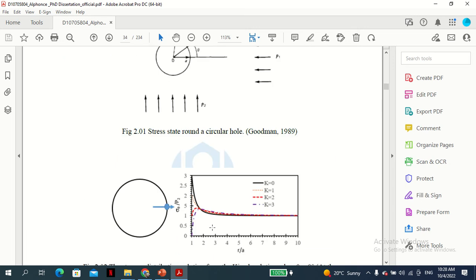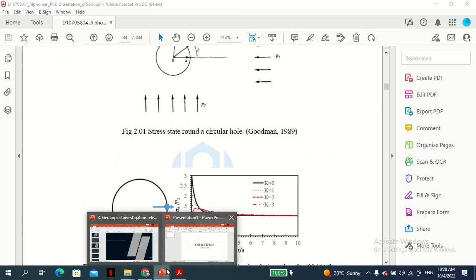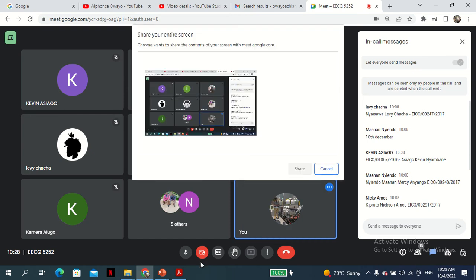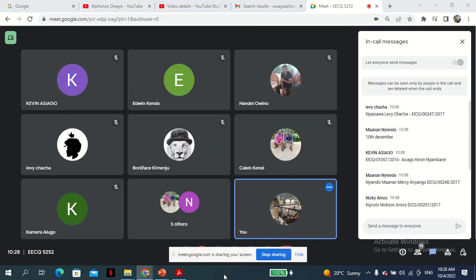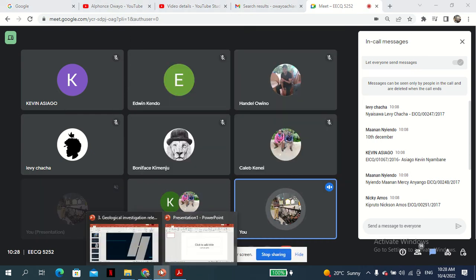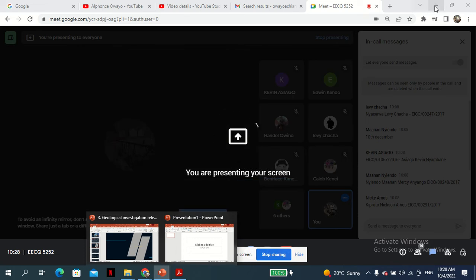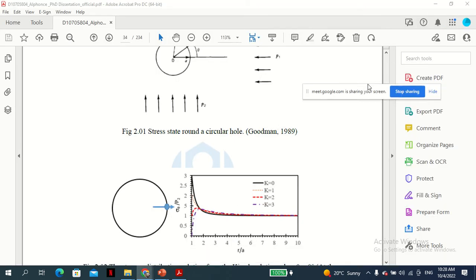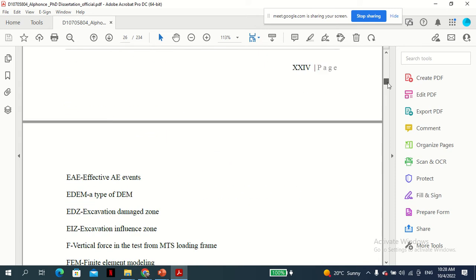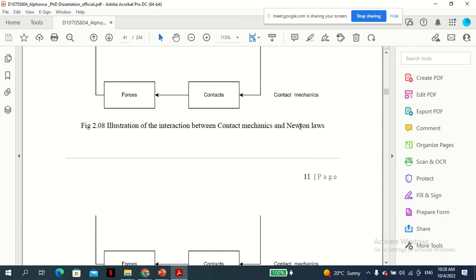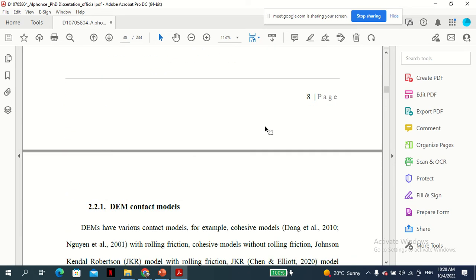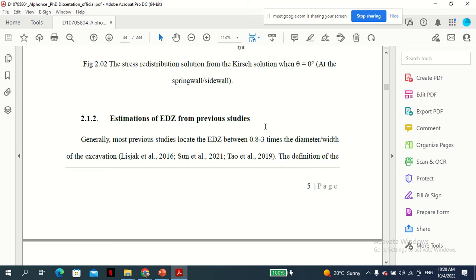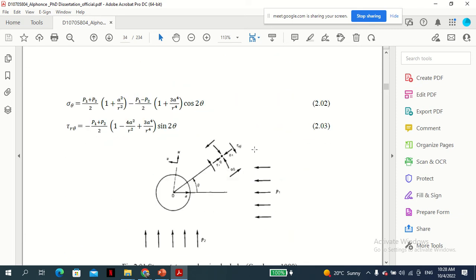So this is what I'm trying to explain. This is what you call the Kirsch solution.